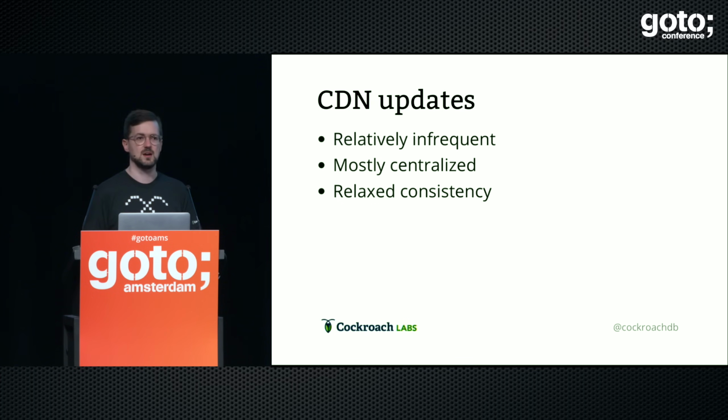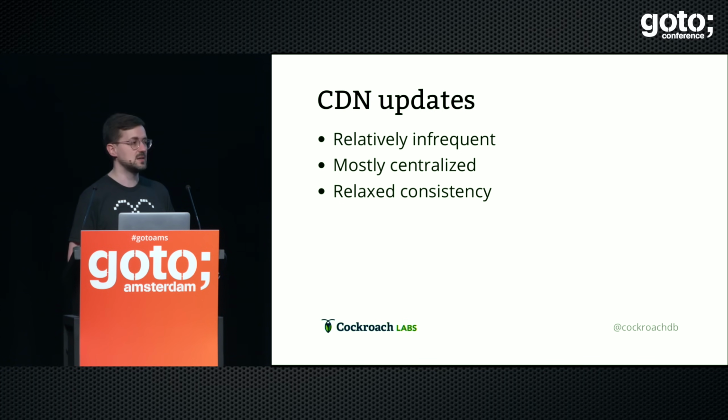You have a content management system running somewhere, which is responsible for feeding your updated content into the CDN. The details can vary depending on how you work, but it's mostly controlled from within your organization.